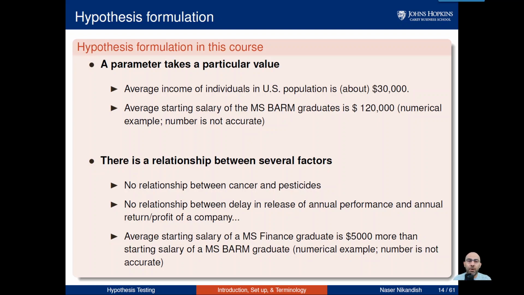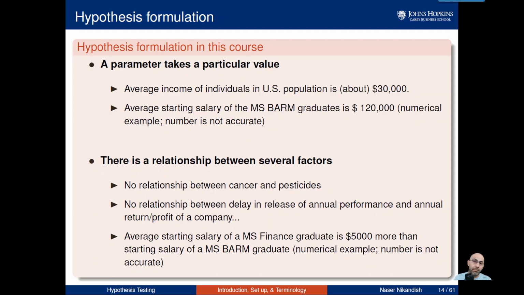So, typical types of hypotheses in this course, we are going to look at two different types of hypotheses. One of them is a parameter takes a specific value. Remember, a parameter is an unknown yet fixed value of a population. For example, the average height of a tree in a specific forest.